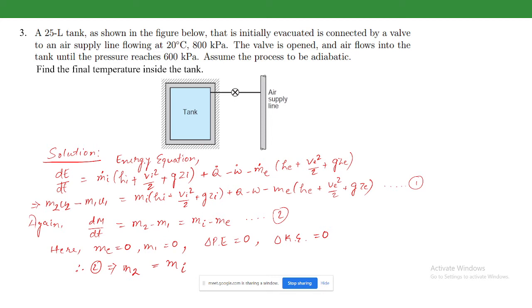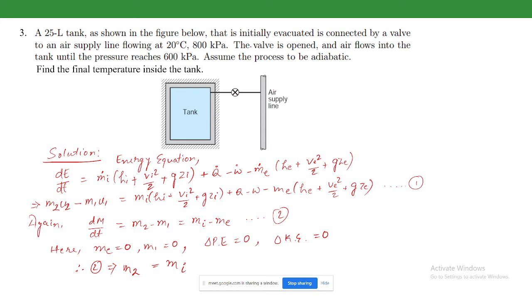Now we write the energy equation. This is the basic energy equation and this is the basic mass balance equation. We consider the tank as the control volume. Only mass is entering; there is no mass leaving the system, so the mass exiting is 0.